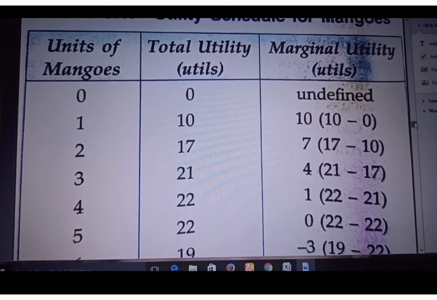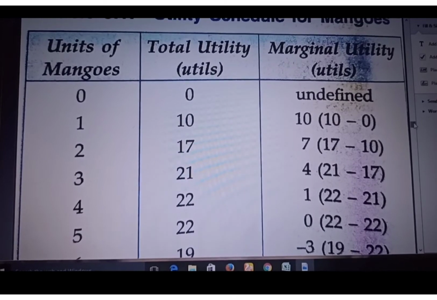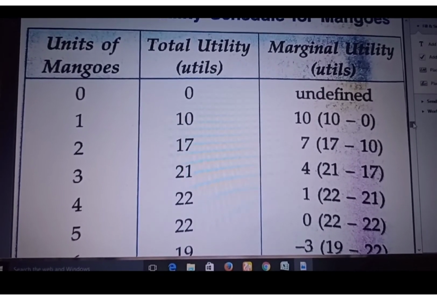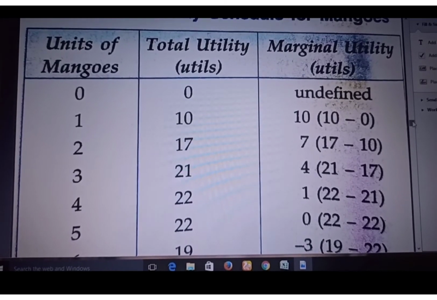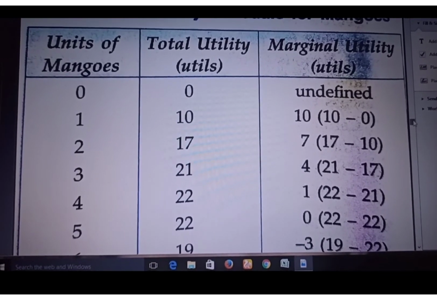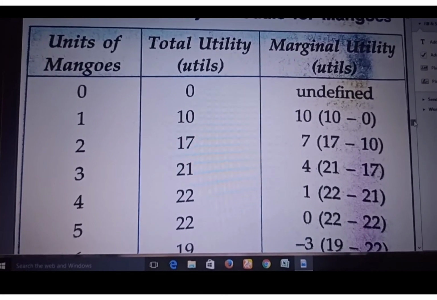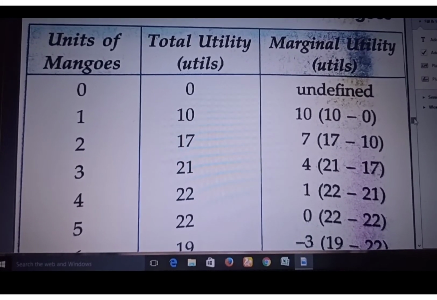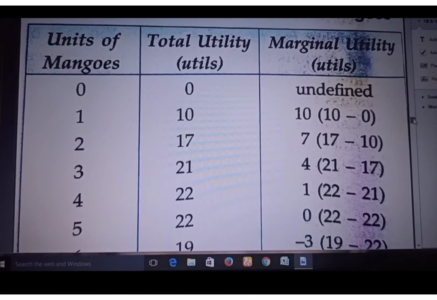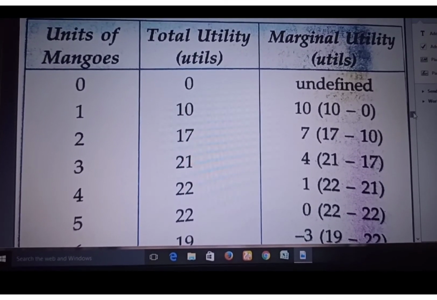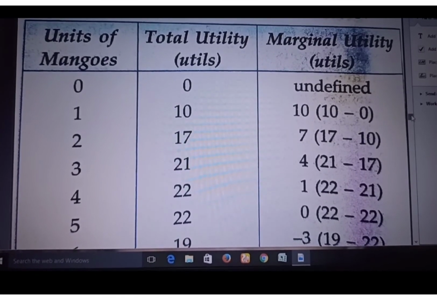And after going for the third mango, you are willing to pay 21. It means 17 you are willing to pay for the second, and for the third you are willing to pay only 21. So while you are going to consume the third mango, the utility will come to rupees 4. And while you are going for the fourth unit, then you are willing to pay only 22 rupees.